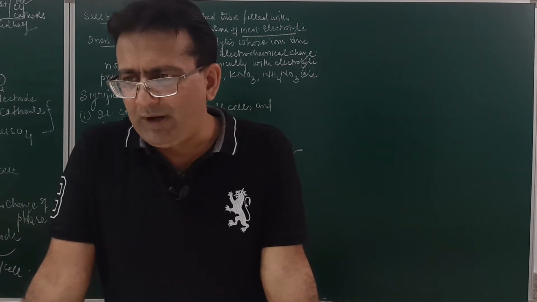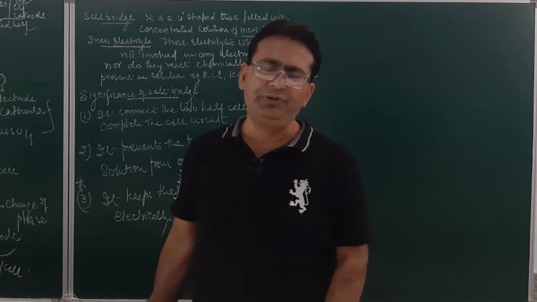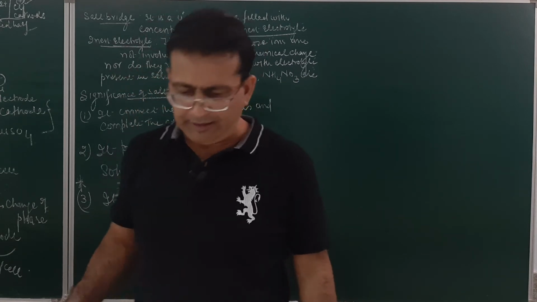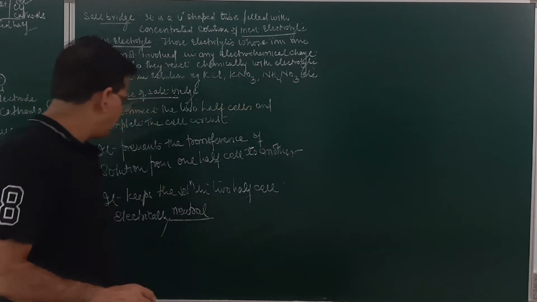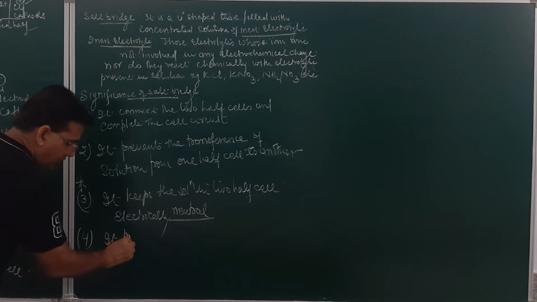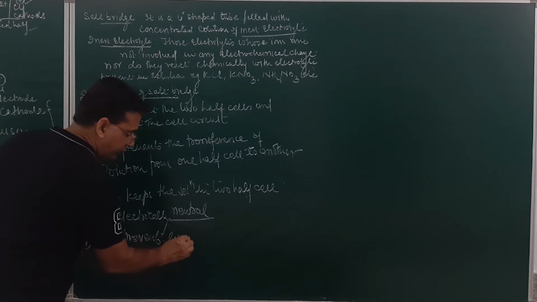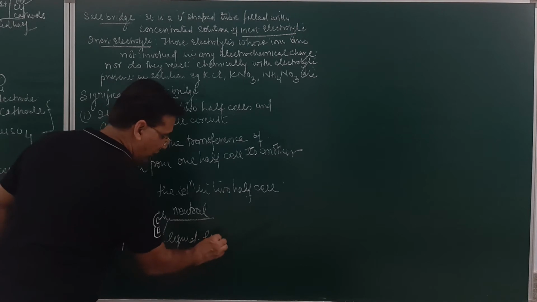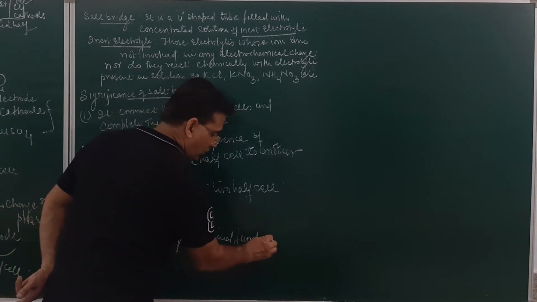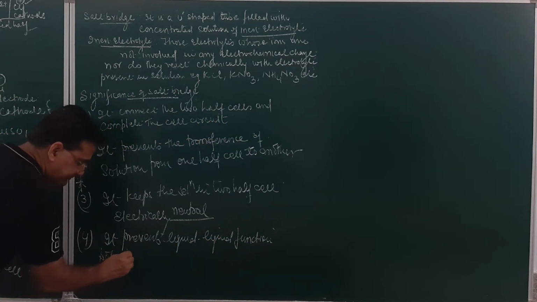And then it prevents liquid-liquid junction potential. That is the potential difference which arises between the two solutions when in contact with each other. It prevents the liquid-liquid junction potential.